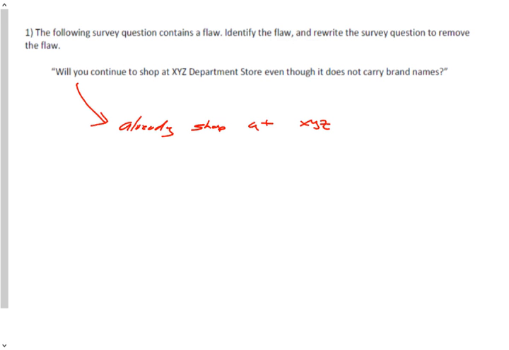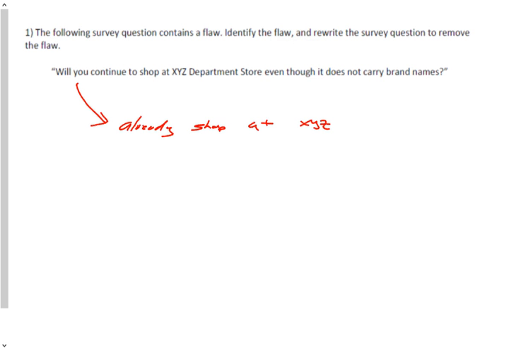So what could I do to identify this flaw and reword it? Well, I wouldn't say the flaw is in the question. I'd say the flaw is who I'm giving this to. And I would say, let's change this to a question that I would give to everybody.